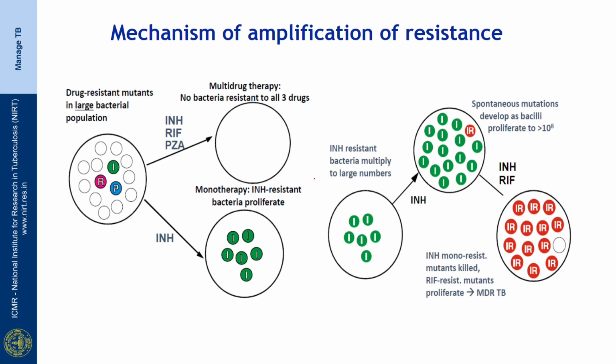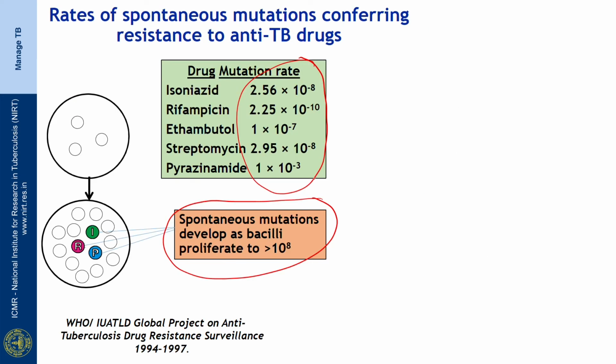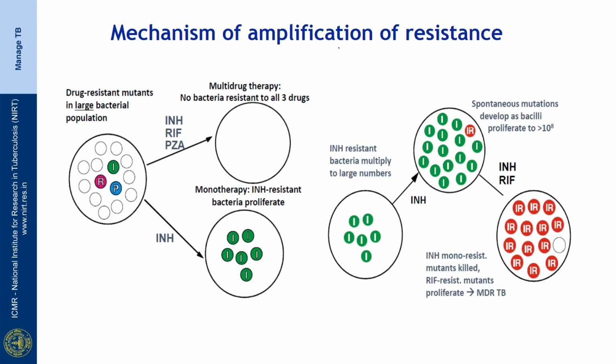Now, this figure clearly explains the mechanism of amplification of resistance. In the previous slide, we saw the spontaneous mutations conferring resistance to anti-TB drugs. Now, in this slide, we will be looking at the amplification of resistance to the drugs. If you look at this picture, whenever only INH is used, and if the patient harbors INH resistant organisms, this monotherapy amplifies the resistance and you find more INH resistant organisms.